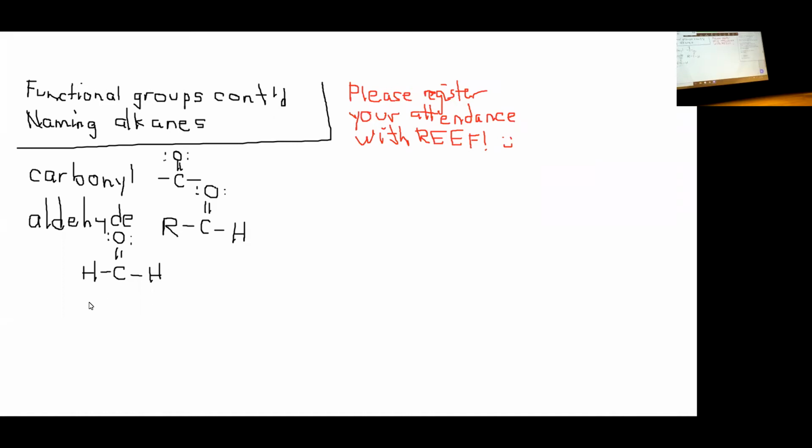But other than that, you can put any old alkyl group you like. By alkyl group, I mean, whoa, I nearly messed that up. CH3, CH2. So this would be a 4-carbon aldehyde.